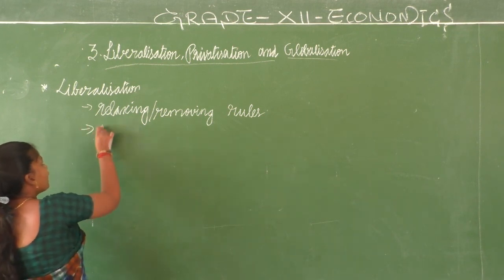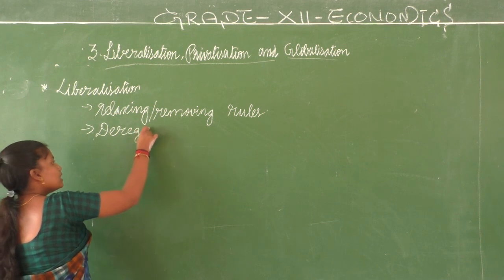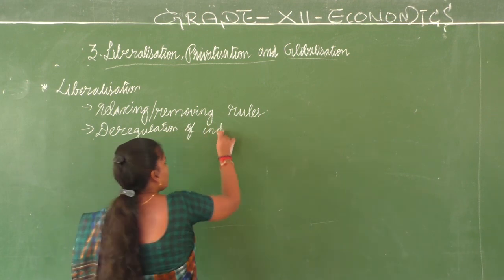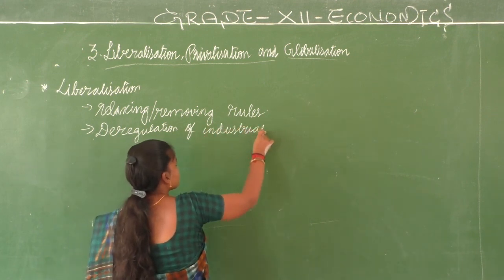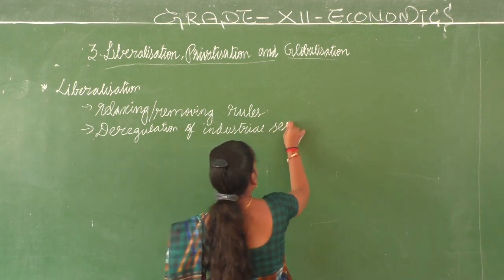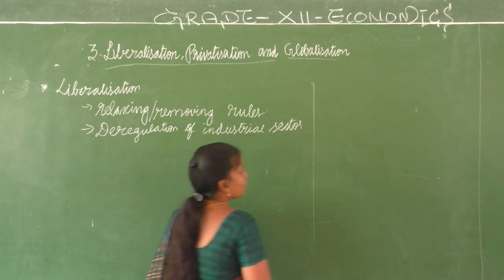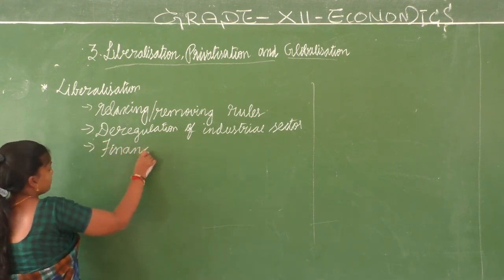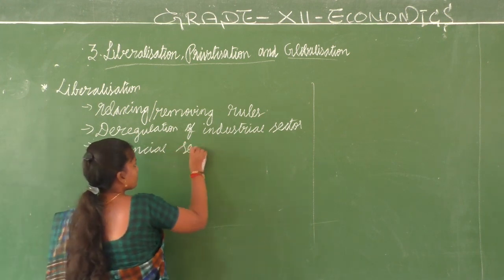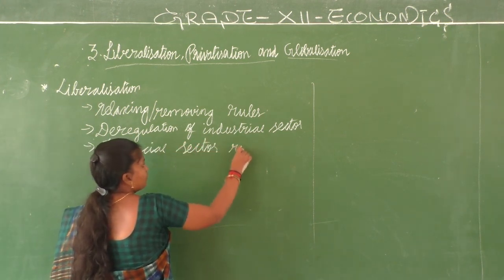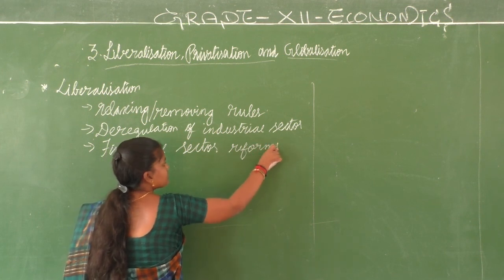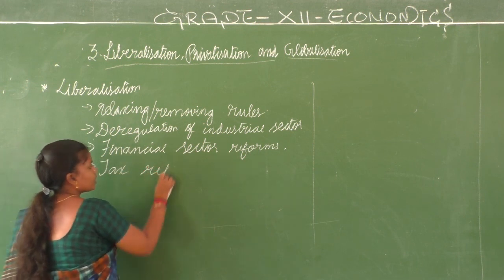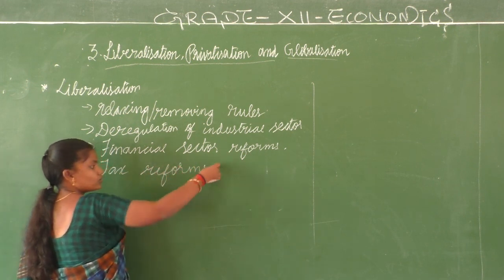It had many reforms, like deregulation of the industrial sector, and the financial sector reforms. Then we have discussed the tax reforms, so direct tax, indirect tax and all those things.